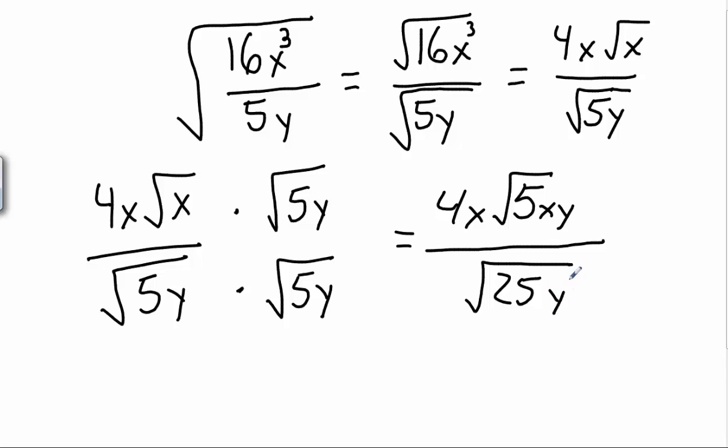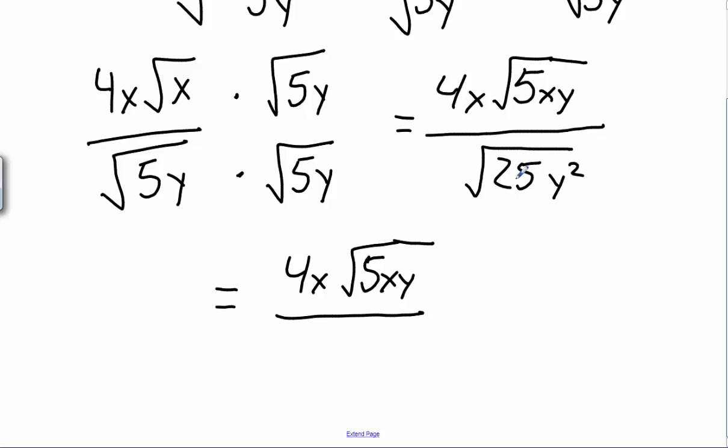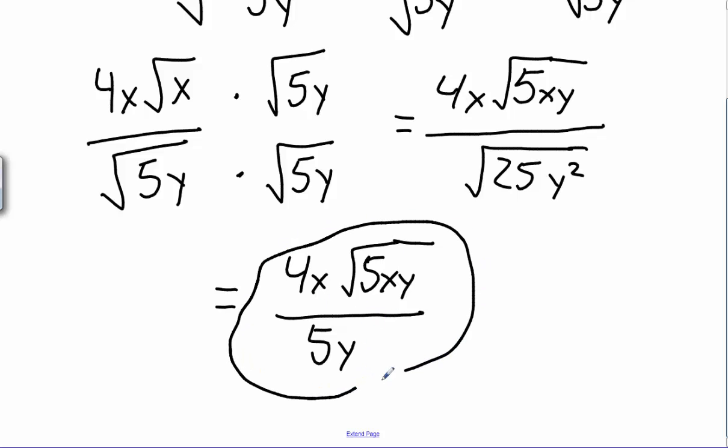It's 25y squared to give us a more simplified answer of 4x radical 5xy. Make sure your radical extends and covers up everything, just so you don't get points taken off. Divided by square root of 25 is 5. Square root of y squared is y. We have 5y. Can't cancel anything out. And that's your final answer.